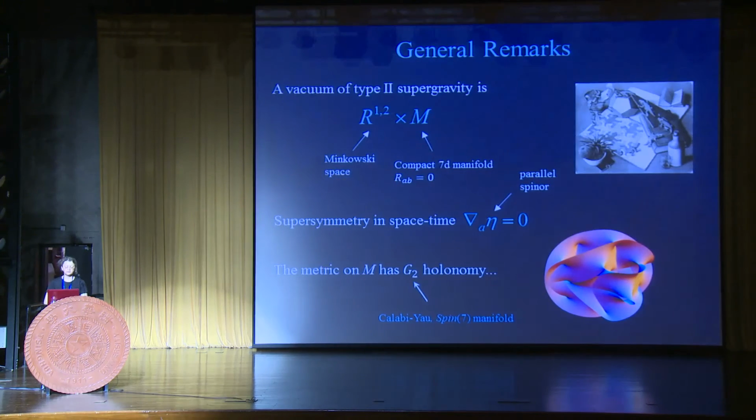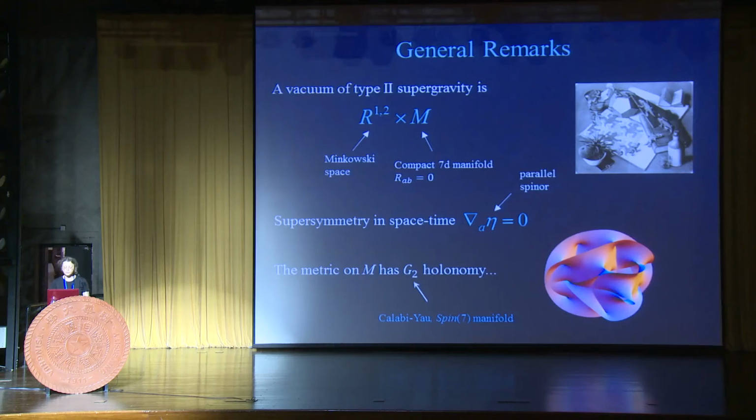Now, here's a vacuum solution of type 2 supergravity. So if we compactify on such a 7-dimensional manifold M, and there's a parallel spinor, then we have a covariantly constant spinor. Then we have some unbroken supersymmetry in space-time, and the metric on M has G2 holonomy.